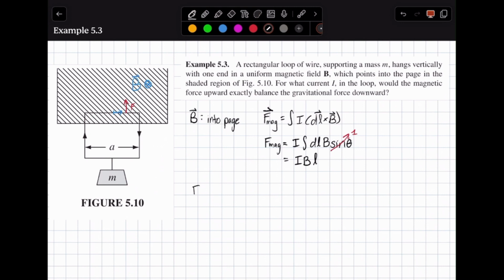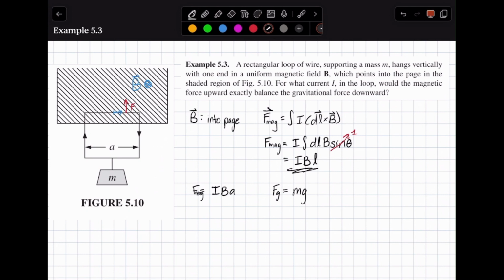Now let's solve for the force on the loop, since we know that our net force is going to be due to the top segment. We could solve for that using our equation here. We have I times B times the length of the segment, which is A. That is our magnetic force. We also have the gravitational force, which of course is equal to mg.